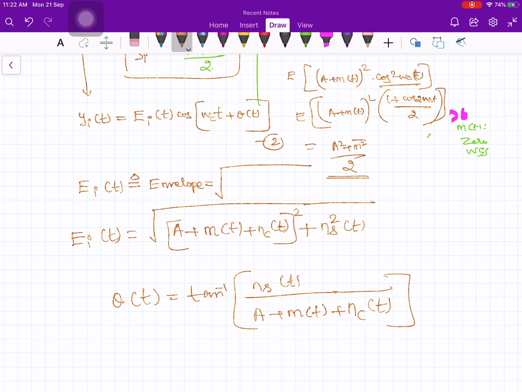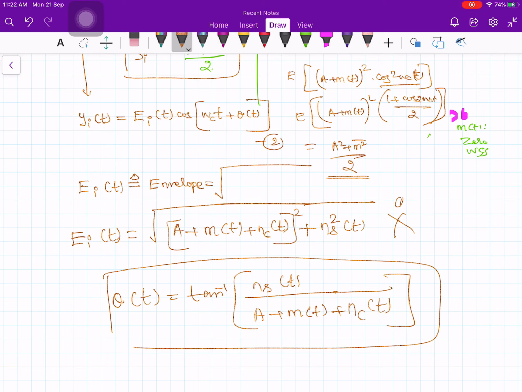But this phase angle is not important for us because our envelope detector will least bother about that. Finally the envelope detector will produce an output which is proportional to the envelope, so it will not depend on this phase angle. The envelope is the main thing of interest to us, and the envelope contains, as you can see, the signal part m of t as well as some noise part n of t.